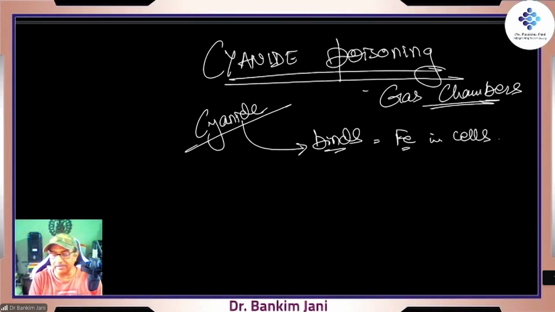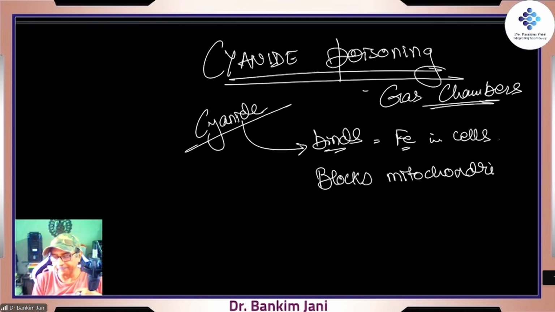So when it binds to these cells, this is one, and second, it blocks the electron transport chain in mitochondria. So in normal cells there is mitochondria, and it blocks the mitochondria.